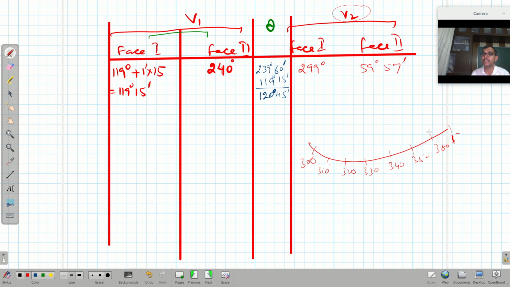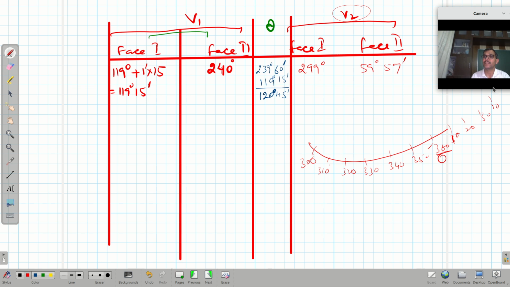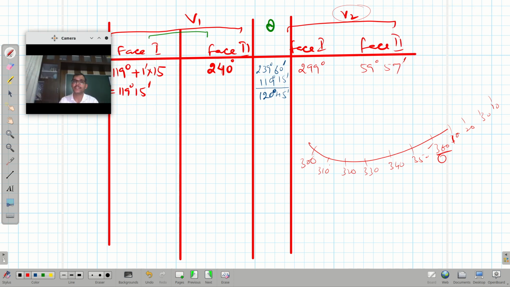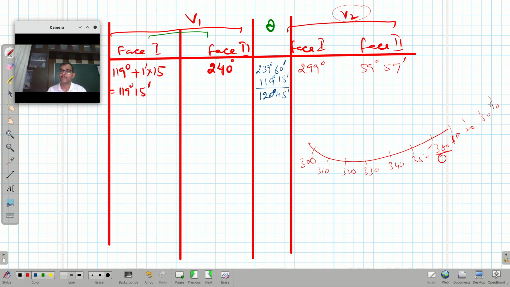It means it is 0, 360. Then after that it is 10 degree, 20 degree, 30, and then 40, 50 and 60 and so on.